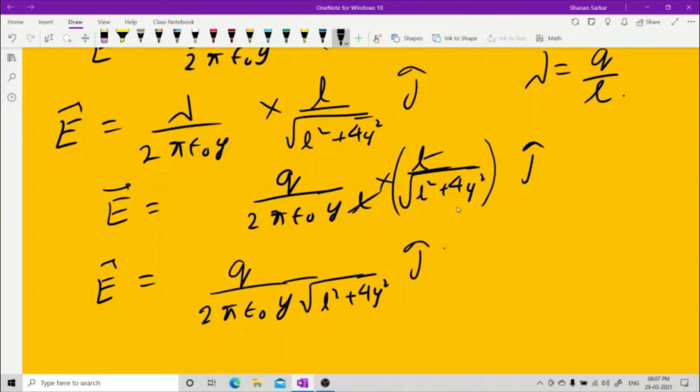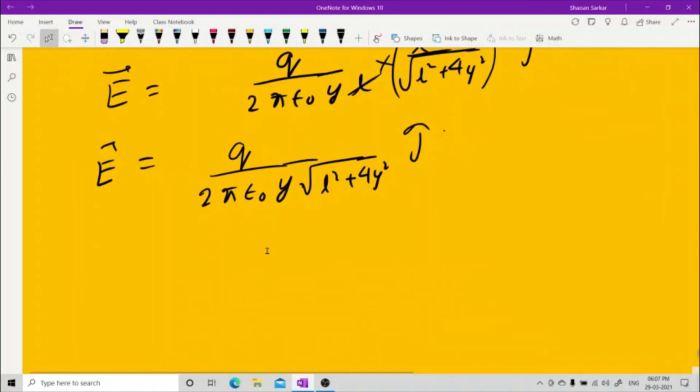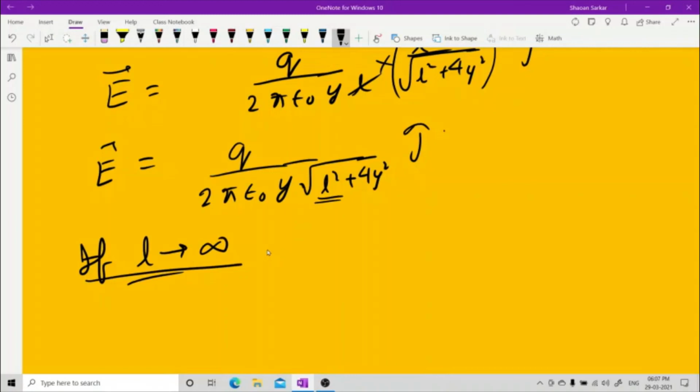Now suppose you want to get back the case for L tending to infinity. What you do is that you take L out. If L goes to infinity, do one thing: in this expression, take L out.